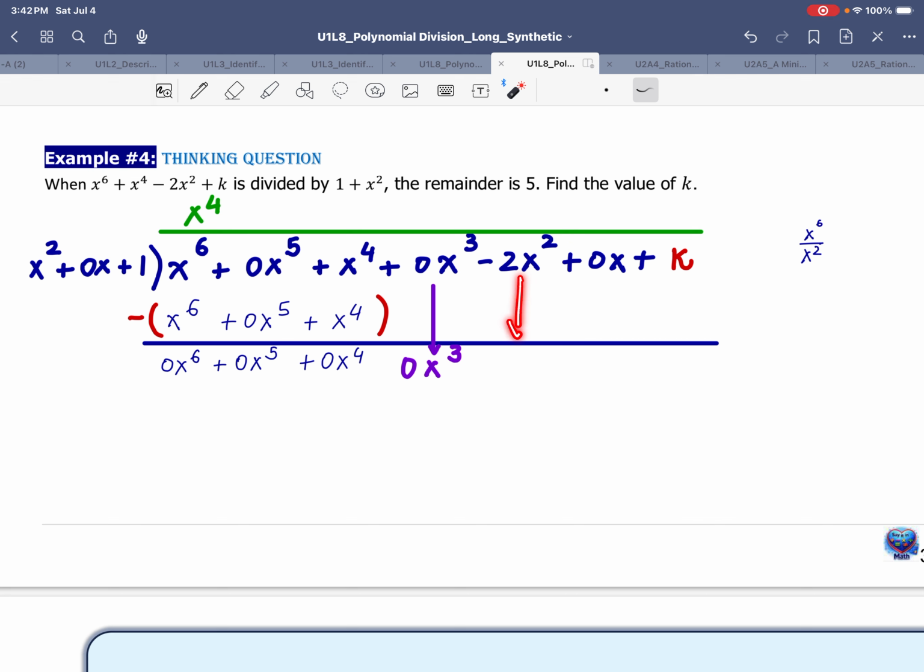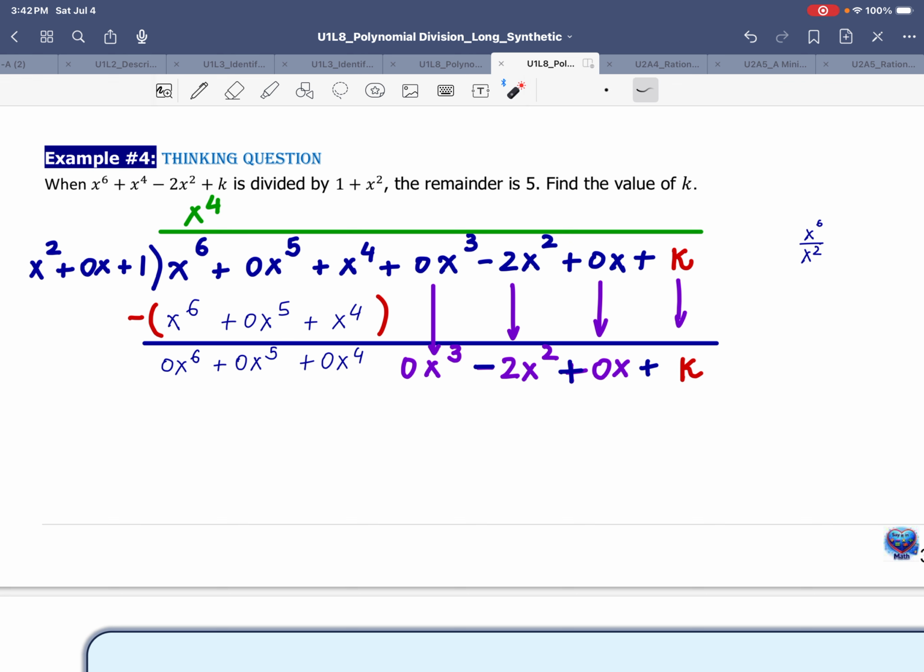So we're going to continue bringing down more terms. As a matter of fact, we can bring down all the terms in every step. Normally for short, we don't bring all the terms down, we bring them one at a time because that's the order in which they're simplified. But we can also bring all the terms down in every single subtraction here.